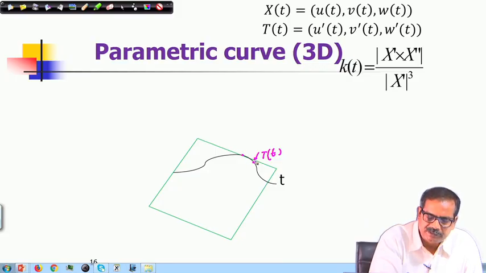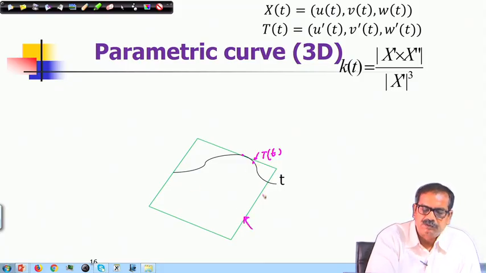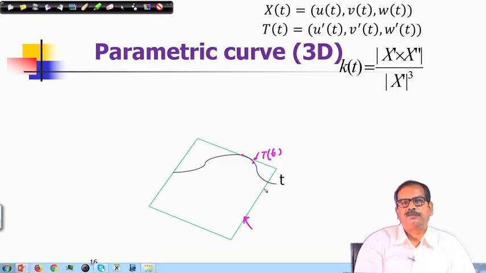So, this tangent and this point will form a plane. It is a kind of plane where the tangent is lying, and also the curve is lying. It is a tangential plane kind of thing, which is actually called the osculating plane.